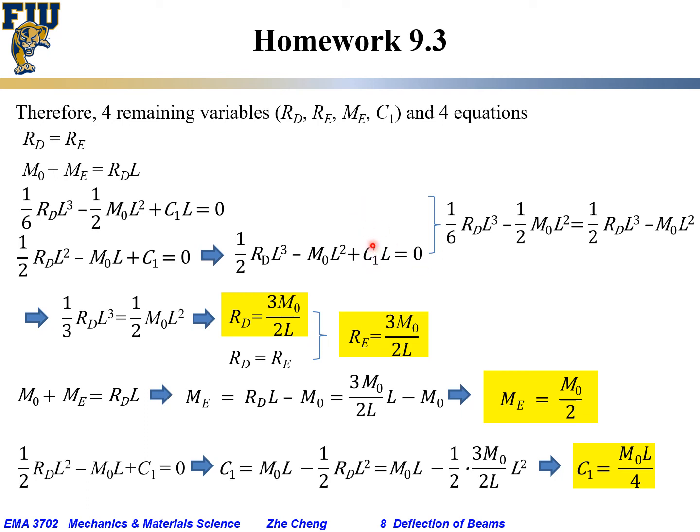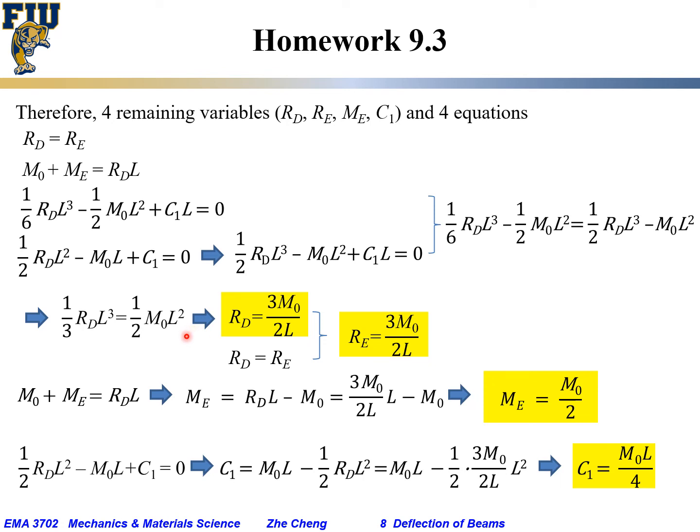When we combine these two together, we would have C1 L equals 1 over 6 Rd L cubed minus 1 half of M0 L squared equals half of Rd L cubed minus M0 L squared. So from here, we would have 1/2 Rd L cubed minus 1/6 becomes 1/3 Rd L cubed equals M0 L squared moved to this side becomes half of M0 L squared.